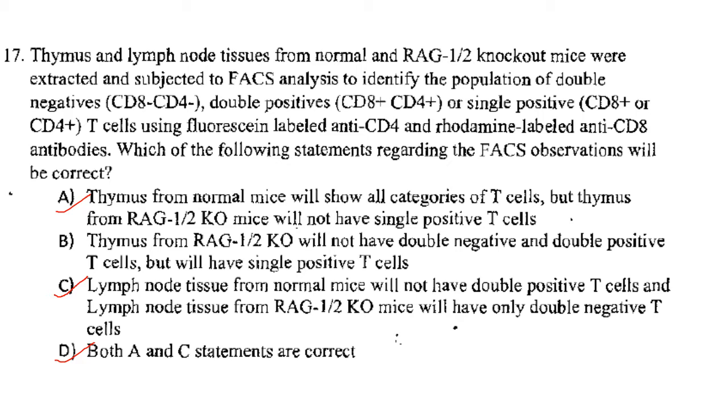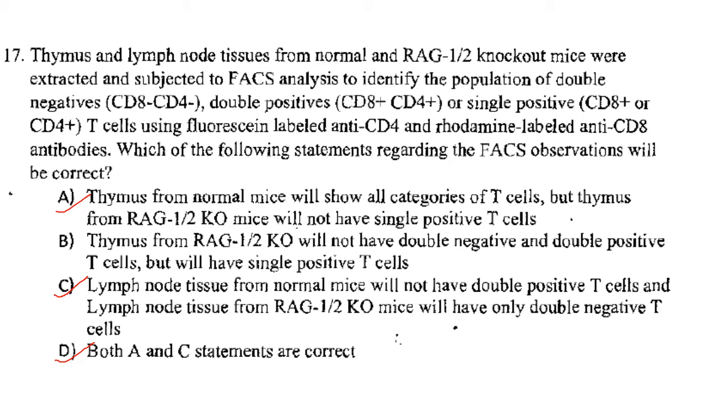TCR means T cell receptor genes, and they do not express proteins such as RAG1 and RAG2. And these cells lack CD4 and CD8 and are called double negatives.